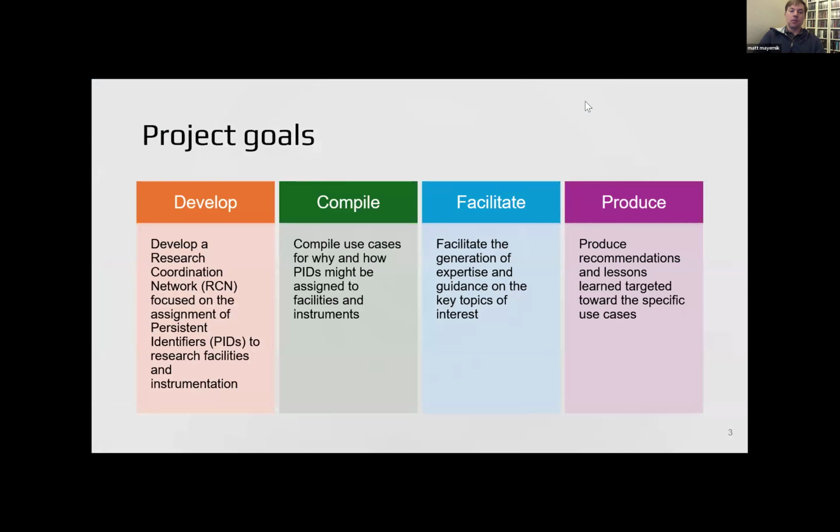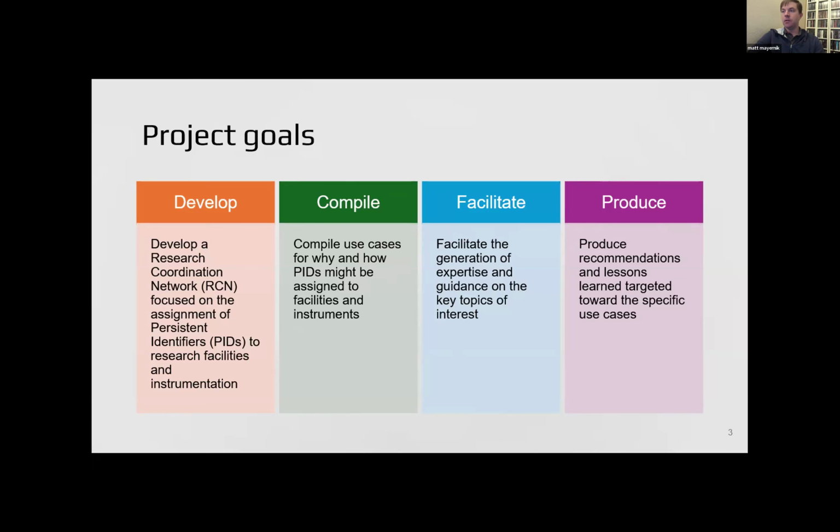The focus is on developing community, knowledge and guidelines, and sharing information about persistent identifiers for instruments and facilities. We very much took ideas and built from the PIDs work done in the initial RDA working group. So we're not doing anything that would overlap with or really change the metadata recommendations that group developed.